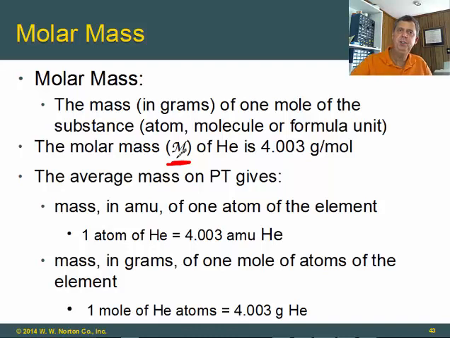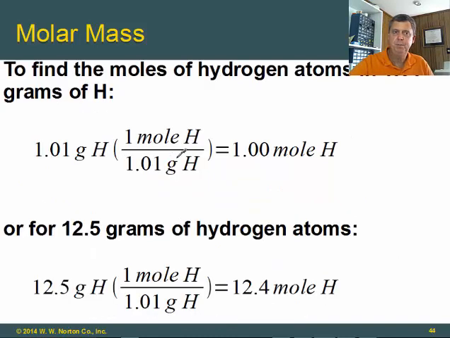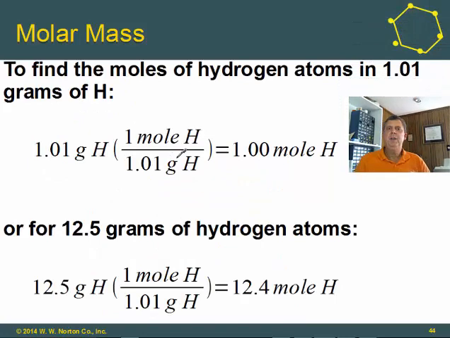So therefore we can use this to convert between mass and numbers. To find the moles of hydrogen atoms in 12.5 grams of hydrogen, we just start with the grams of hydrogen. Look at your periodic table, and it says below the hydrogen 1.01, which again means 1.01 AMUs per atom, or it means 1.01 grams per mole.